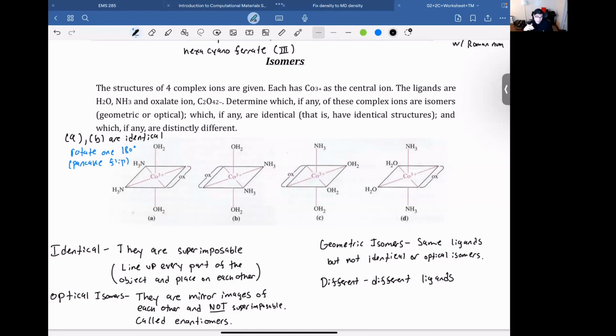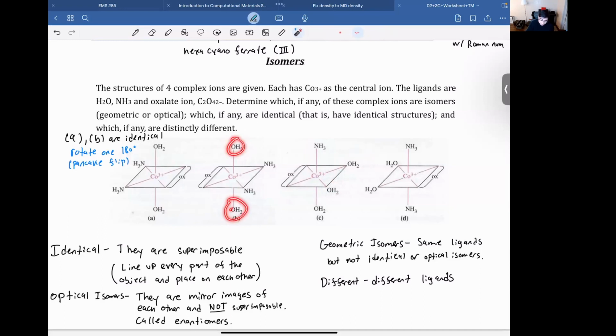So I'm just going to start comparing B to C because it's closer to make it easier, but we are talking about both A and B here because they are identical. So comparing B to C, we see that we have the same ligand attachments. We have two waters, we have, oh, whoops, no, sorry, I'm thinking D. So if you compare B to C, you have different ligand attachments.